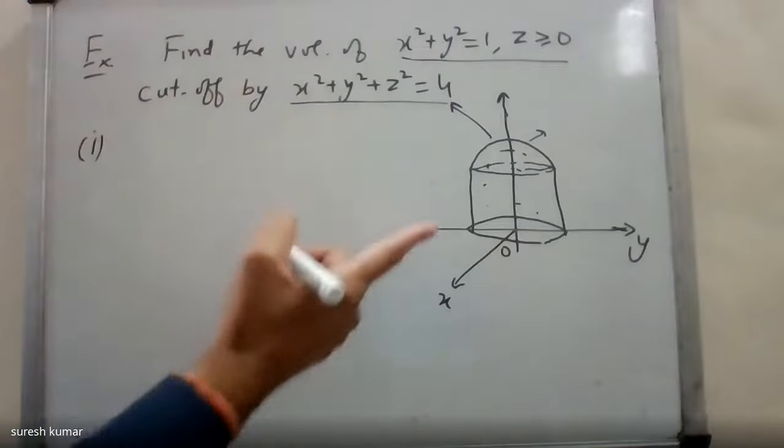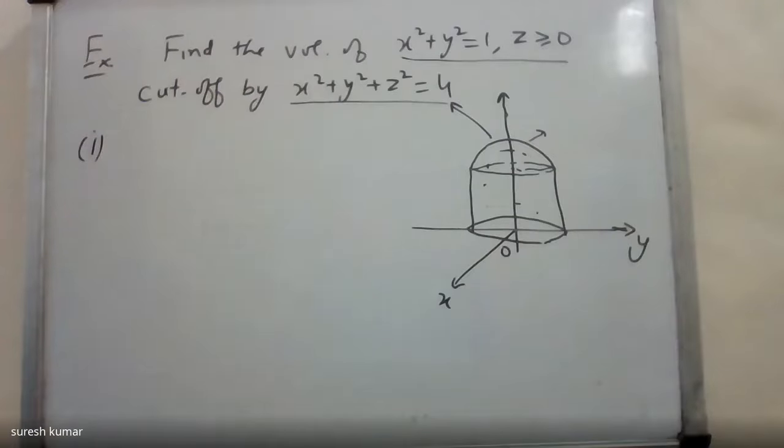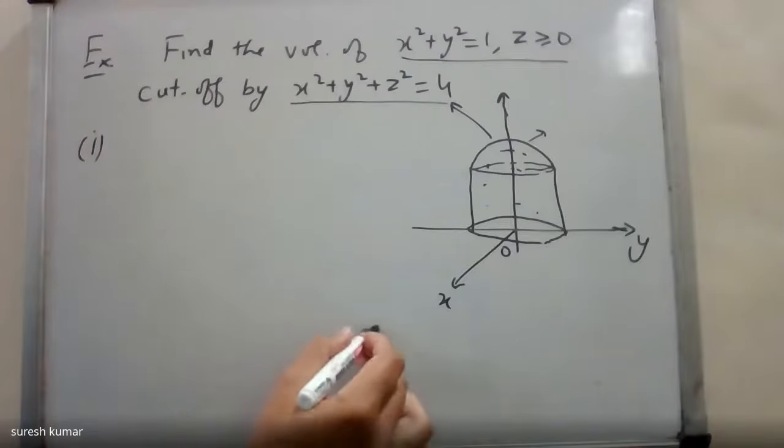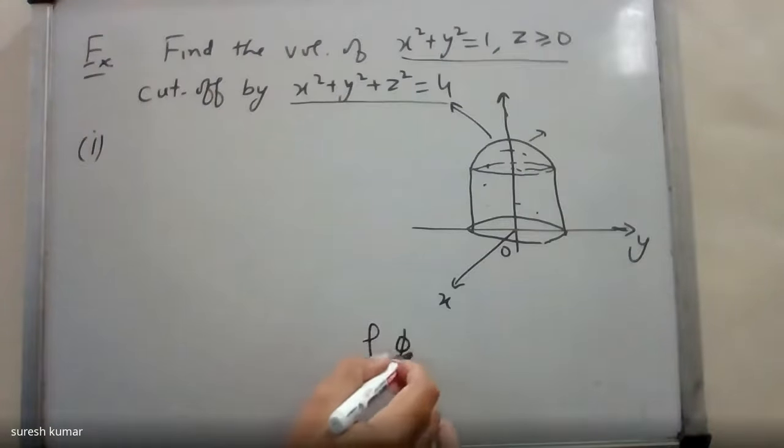If I want to find the volume of this region using spherical coordinates, how to do that? First we should understand in spherical coordinates there are three variables, rho, phi, theta. So for this whole region, what are the variations of rho, phi, theta?